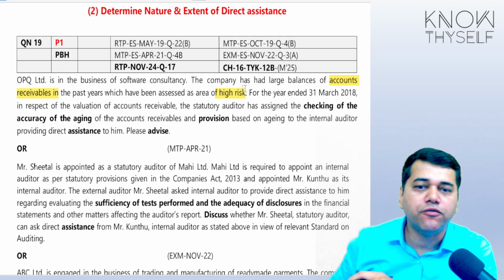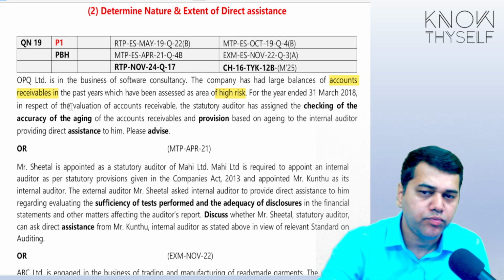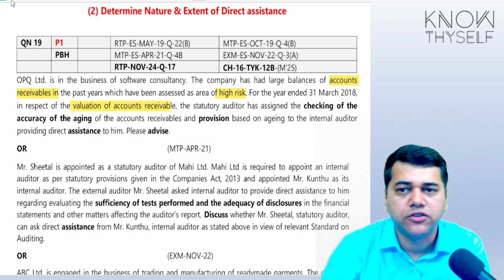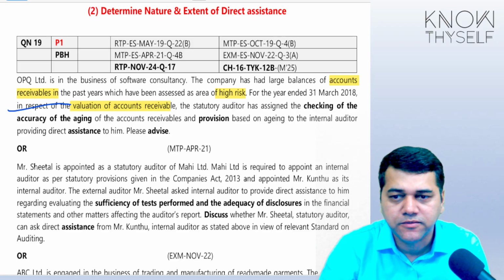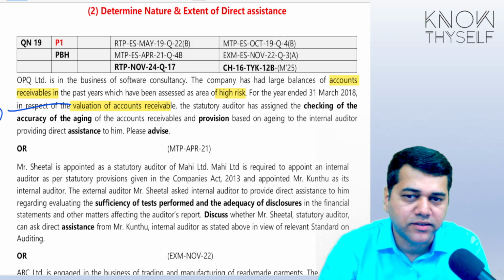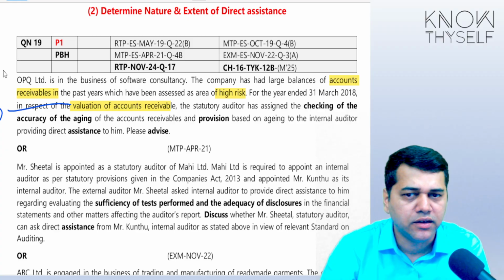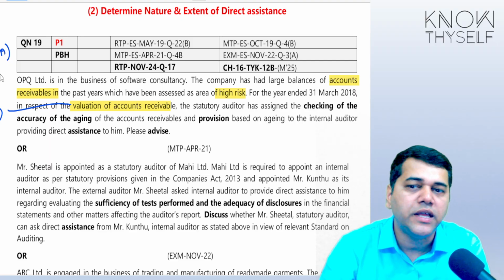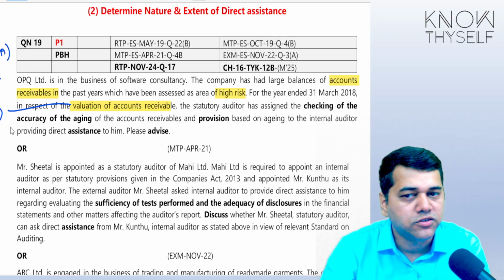Now, in respect of valuation of accounts receivable, what do you mean by valuation of accounts receivable? Reserve for bad debts. Because you have got debtors shown at whatever in your financial statement, minus the reserve, shown at a fair value, because debtors are your financial assets. You have to make a provision for impairment of these debtors, which is nothing but reserve for bad debts.